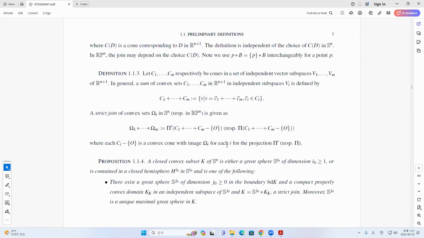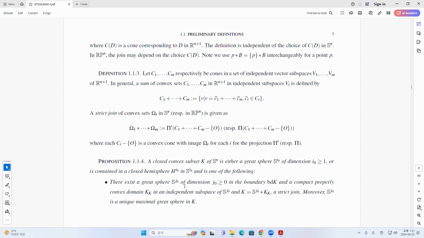So we have some classification of convex subsets in Sn: K is either a great sphere of dimension i0 plus 1, or it is contained in some closed hemisphere and is one of the following. Of course, this Sn is also in a closed hemisphere, but I distinguish this.